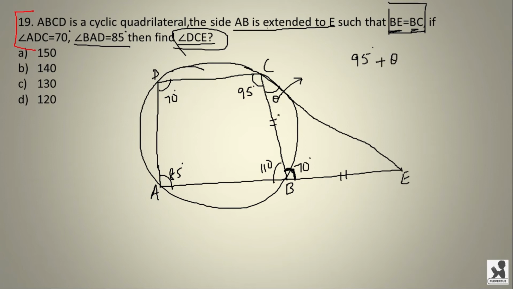So how to find theta? Consider the triangle CBE. If you notice properly, this triangle CBE is an isosceles triangle because two sides are equal, and hence the angles opposite to the equal sides will be equal.